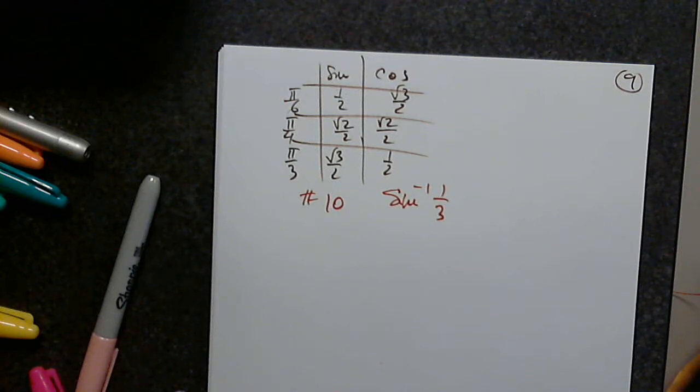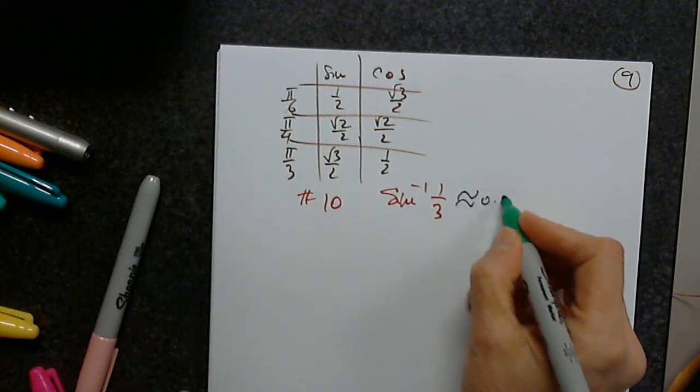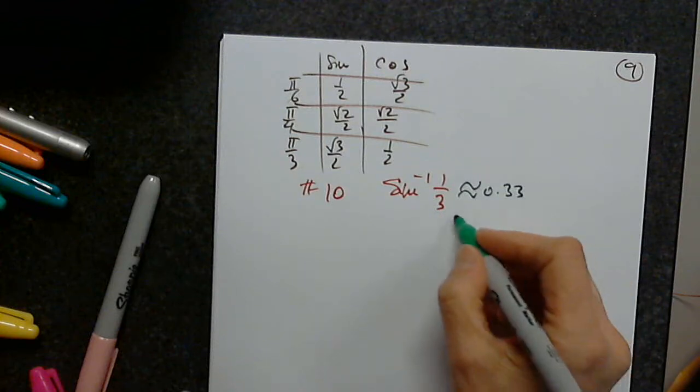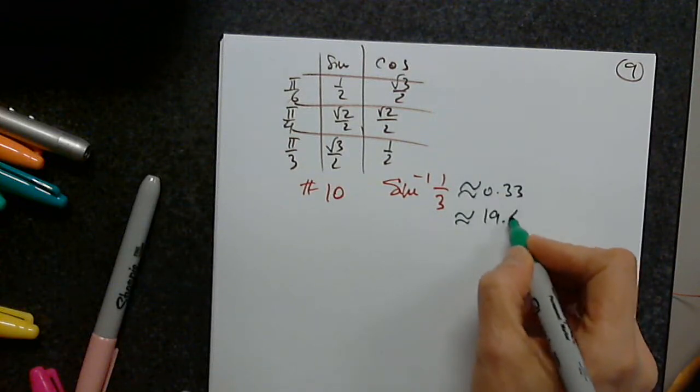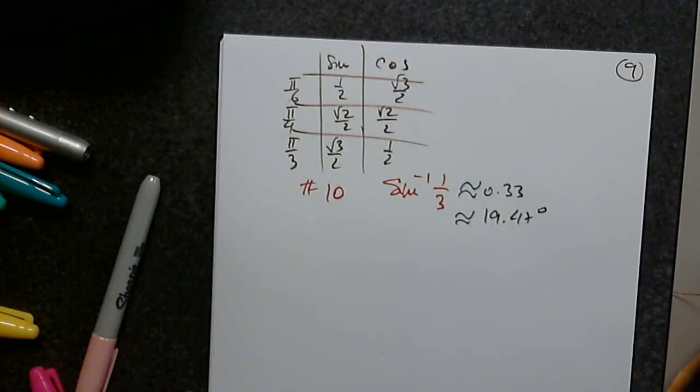Okay, fine. Yes? I did that when I was trying to figure it out, and I kept getting a very low answer. It was in radians and not in degrees. Right. So be careful because the answer will be very different. So what was it, 0.33 in radians or 19.47, I believe, in degrees.